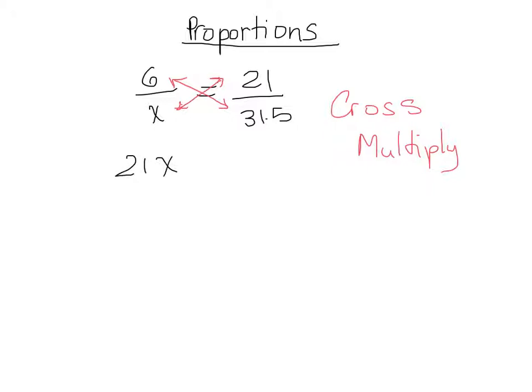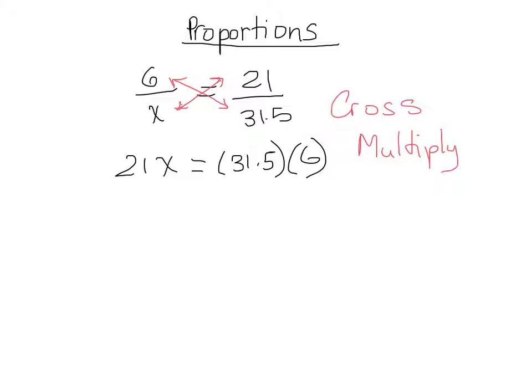Top left, bottom right: we multiply those two things also. When you do those two things, the results will be equal to each other. So what we get from that setup is that 21x is equal to 31.5 times 6.